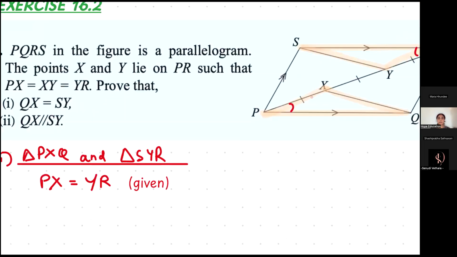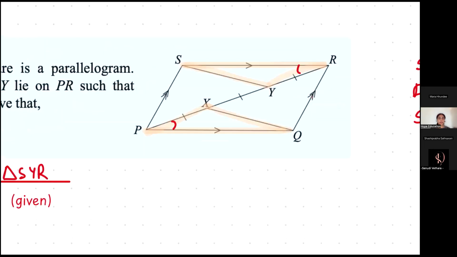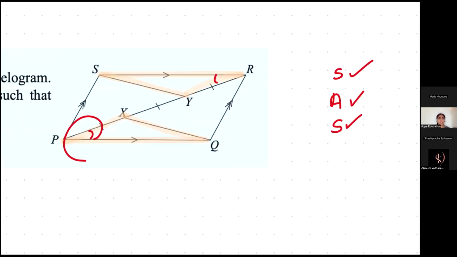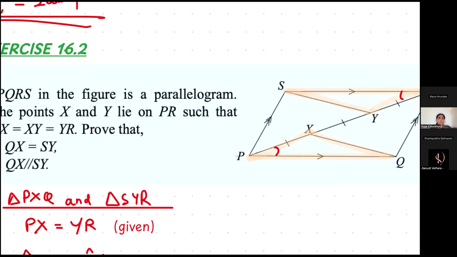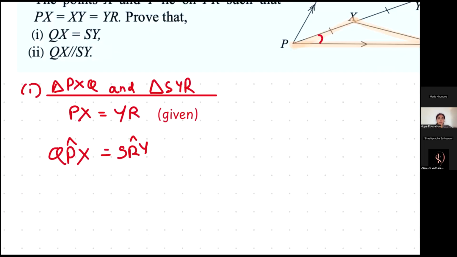Then angle QPX equals angle SRY. For those, we write the reason as alternate angles between parallel lines.